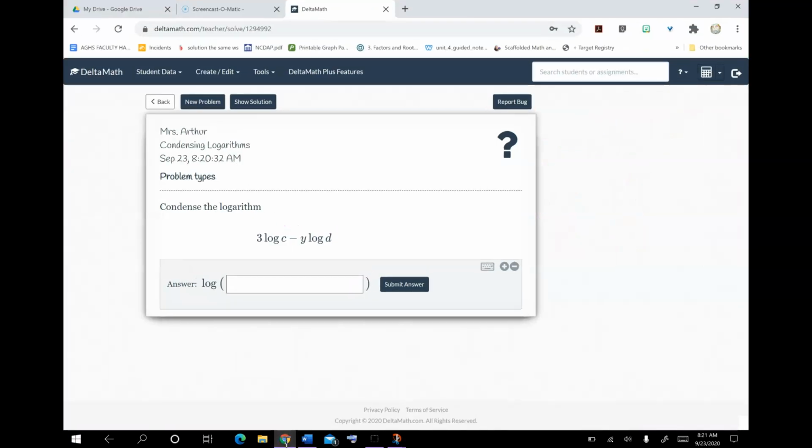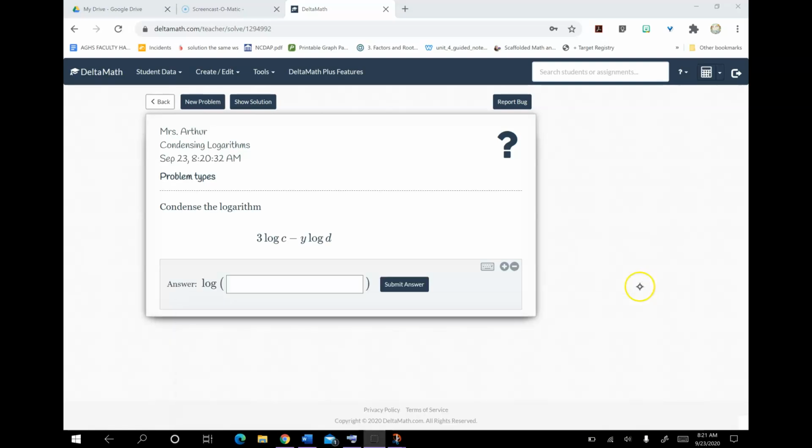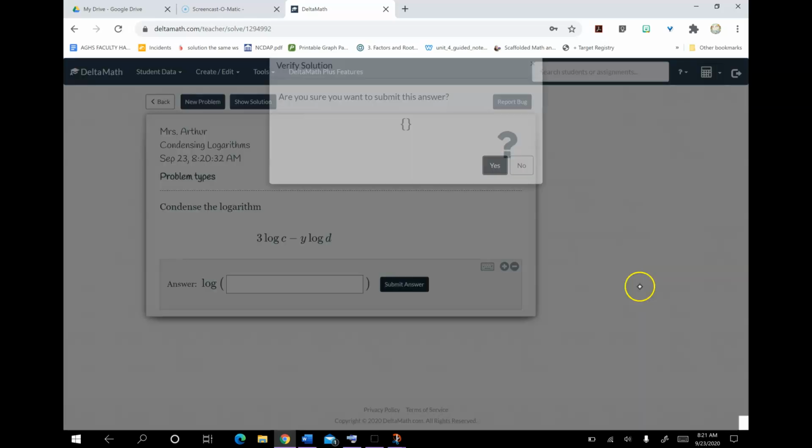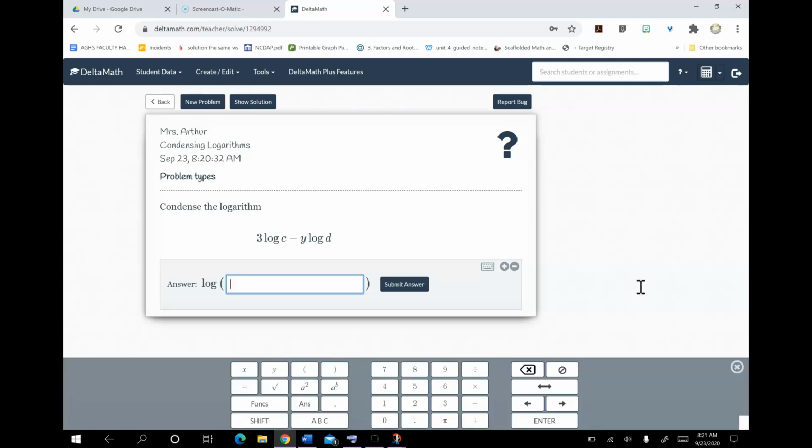Okay. So when I type this in, okay, let me get it to where the keyboard won't come up. All right. So when I type this in, keyboard, bring your keyboard up. Okay. All right. So first we're going to do c cubed.